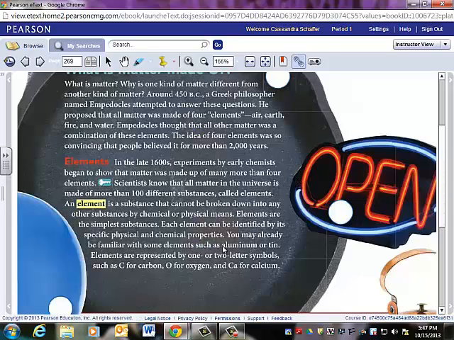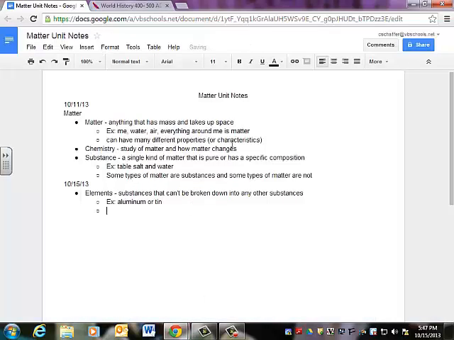Now, looking back at our element section here, I see that it says scientists know that all matter in the universe is made of more than 100 different substances called elements. So all of the matter in the universe is made up of elements. That is very, very important because it tells us how elements are related to matter.